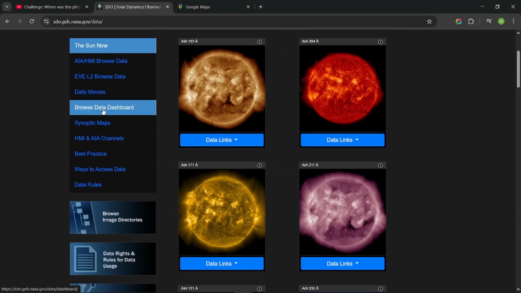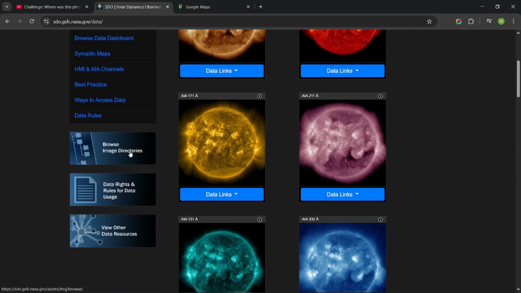There is a feature here to go and get a whole package of data for a date range and then which instrumentation and filter you're interested in, but that doesn't work at the moment.